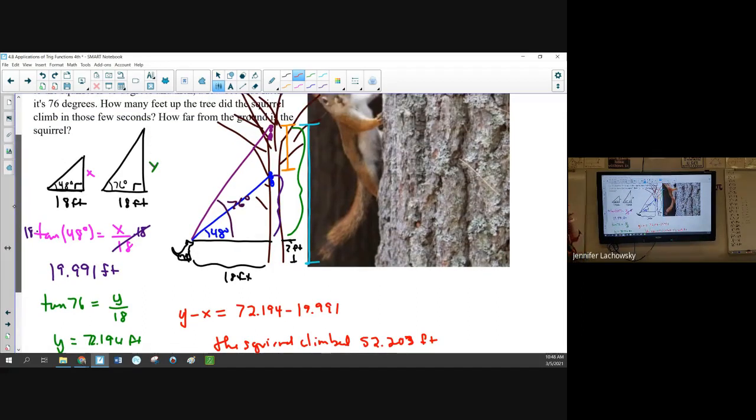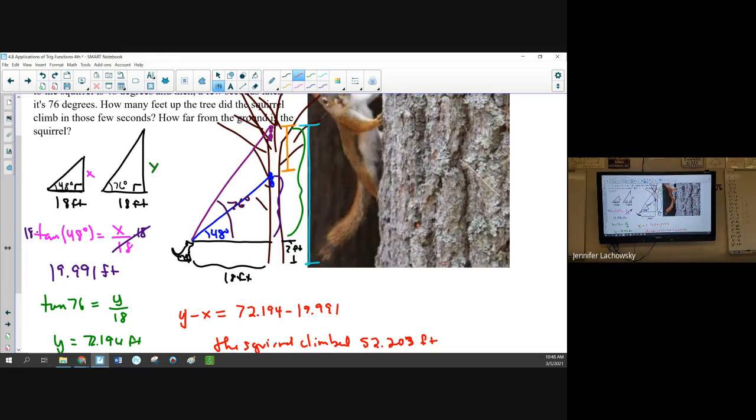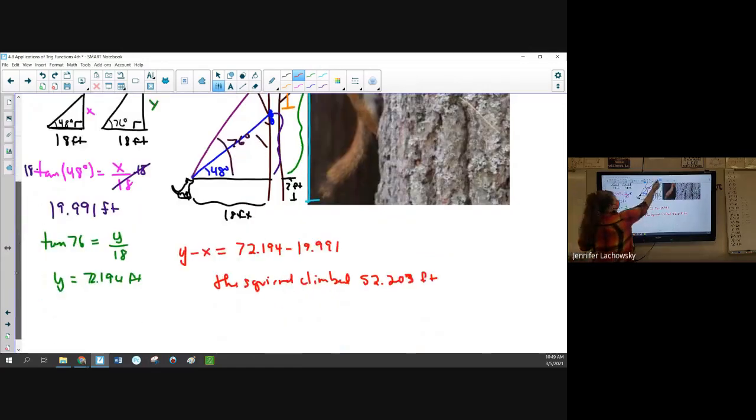The question was, how many feet up the tree did the squirrel climb? We got that answer. And then how far from the ground is the squirrel? We can just add the 2, x and y. Do we need to add x and y? No, we just need to do y. Good. So the total distance from the ground is y plus 2.